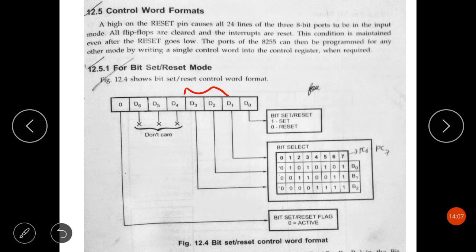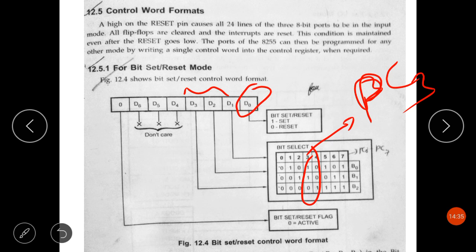Suppose D3 is 0, D2 is 1 and D1 is 1. It means PC3 is selected, the third bit of port C. Now D0 will tell whether PC3 has to be set or reset.